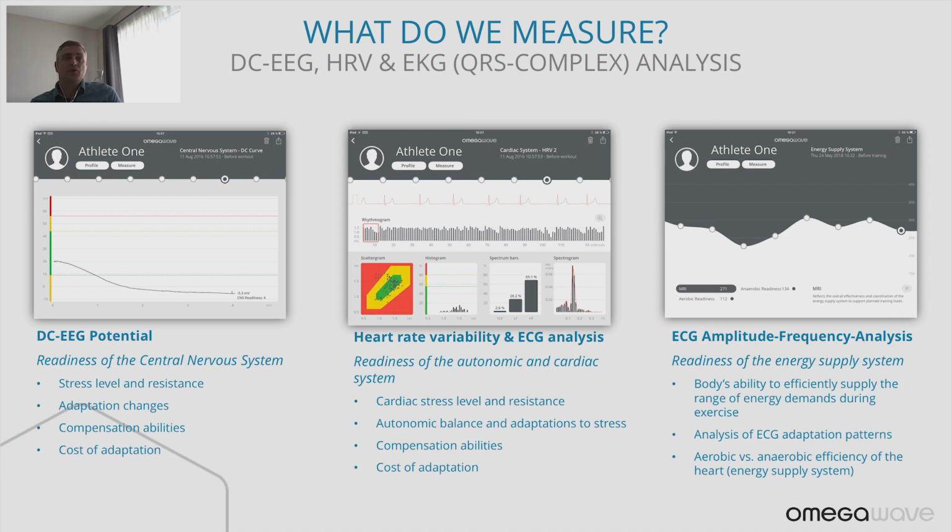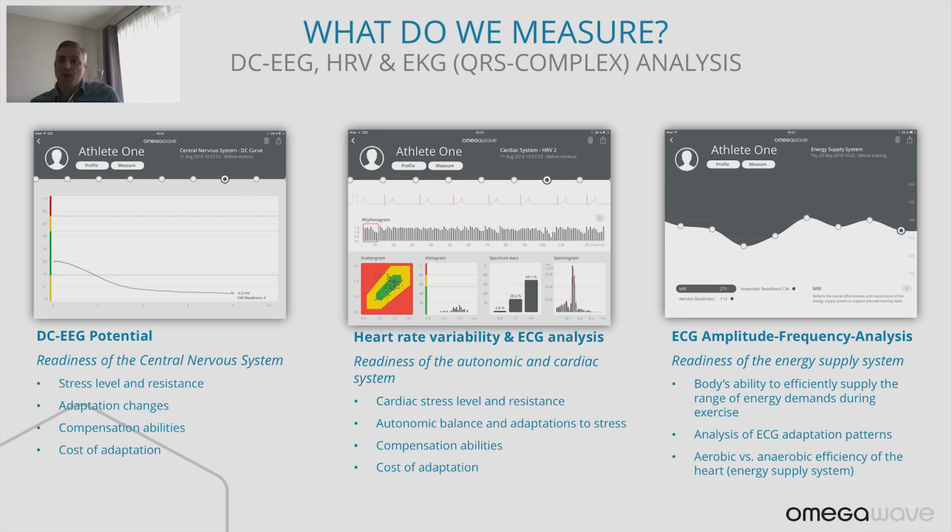And by observing those changes in ECG, because ECG is affected by the physical type of exertion and hypoxia in the organism, we can determine which systems were primarily stressed and used as compensation responses, aerobic or anaerobic.